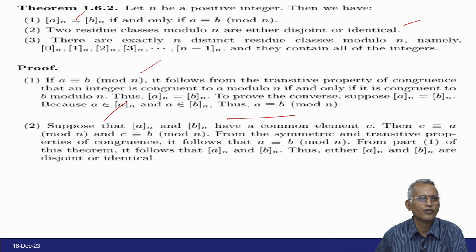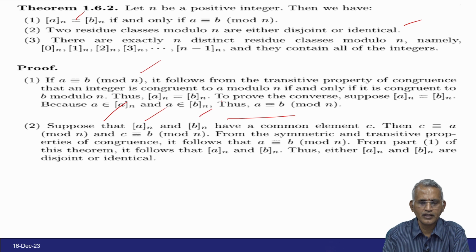And for the proof of 2, suppose the class of a and the class of b have a common element c, and c is identically equal to a under modulo n, and c is identically equal to b under modulo n is also true. By virtue of symmetry and the transitivity property of congruences, it follows that a is identically equal to b and b is identical to a.